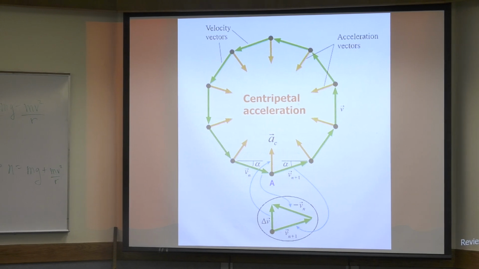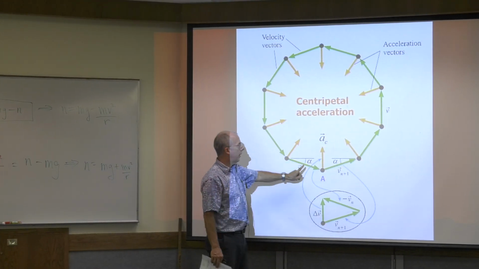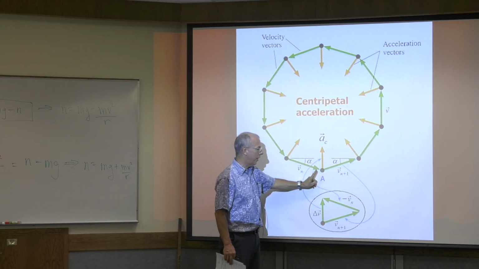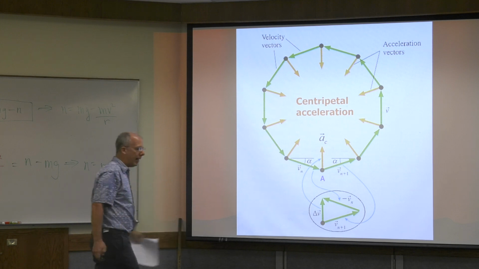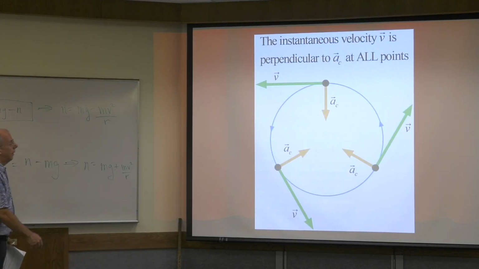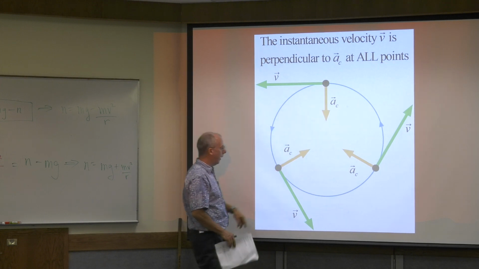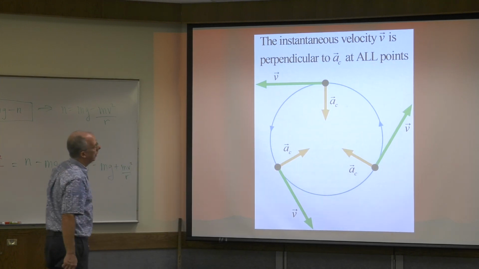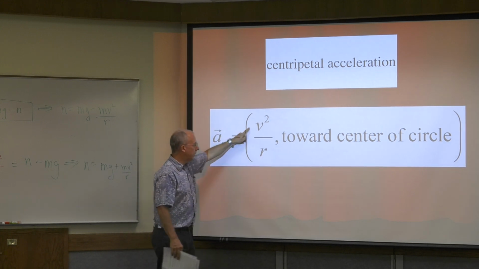Okay, let's review. If this is uniform circular motion, there has to be a centripetal acceleration that changes the direction of motion. And we've seen that many times. The velocity is always perpendicular to that centripetal acceleration. I would memorize this, honestly. a sub c equals v squared over r.